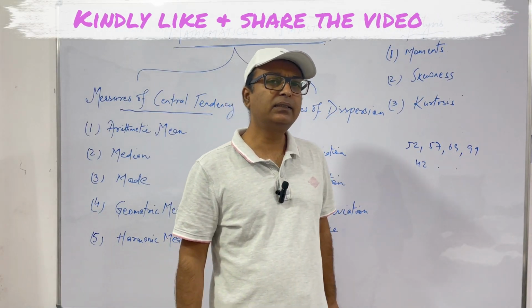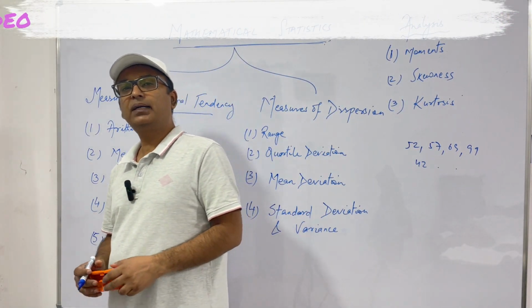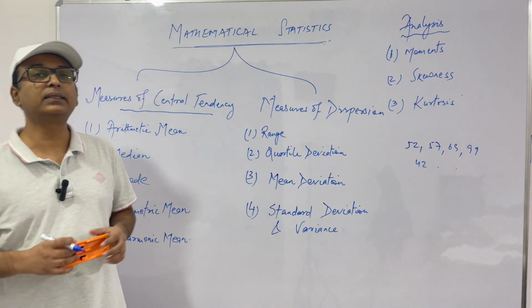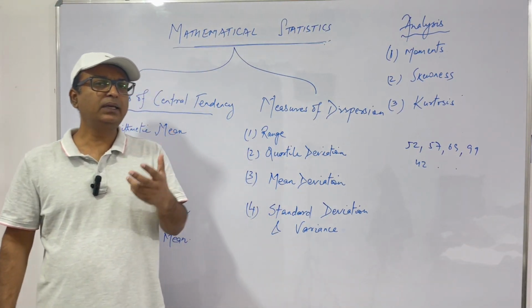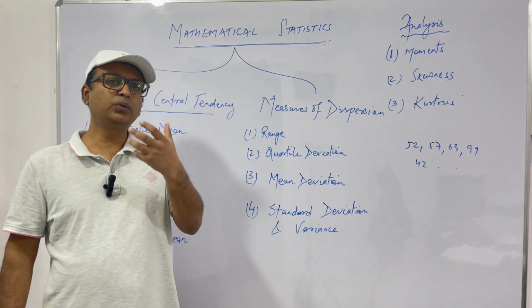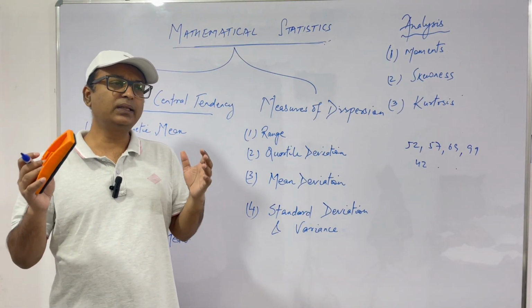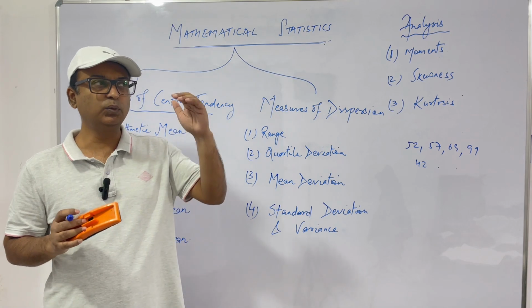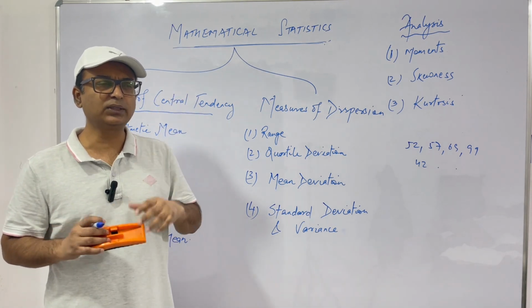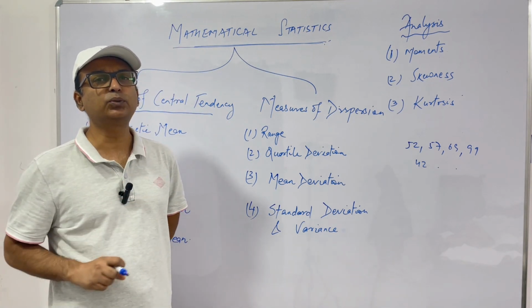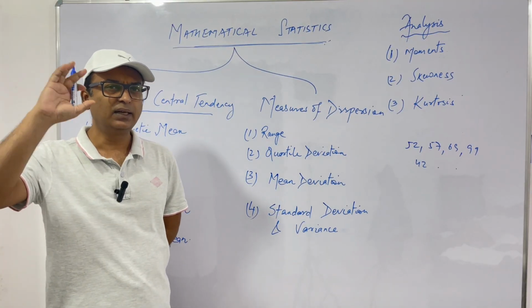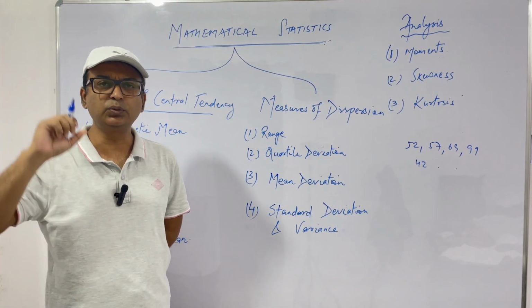Then if I tell you that the average marks obtained in this class is 61, by saying this, you get an idea of where the data is actually centered. That is, what is the expected mark. So if someone tells you that he is a student of this class, you know he'll be around 60, 61, 62.